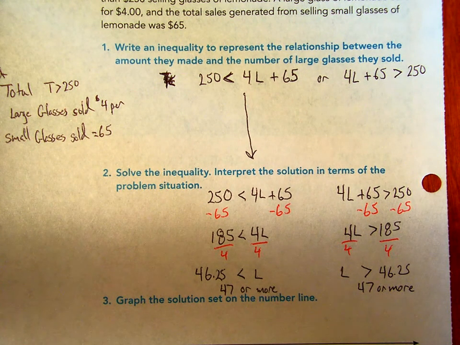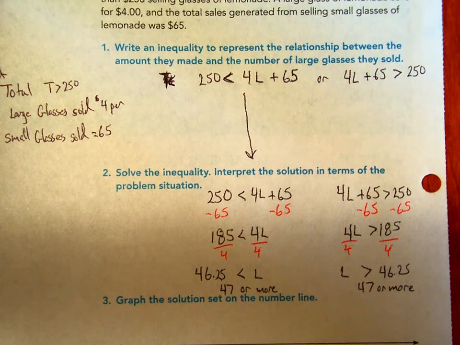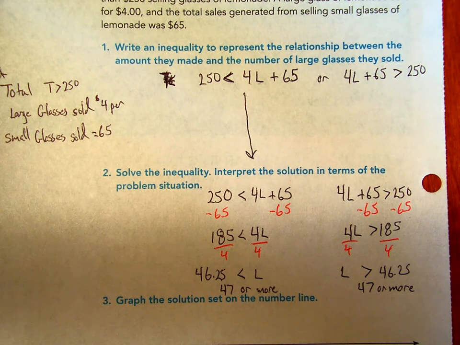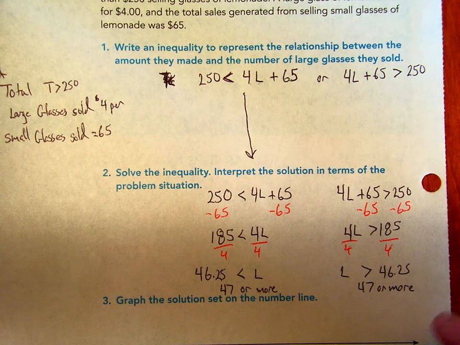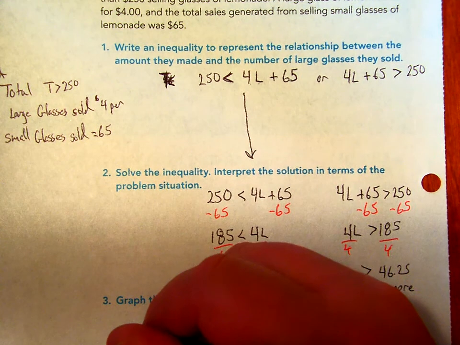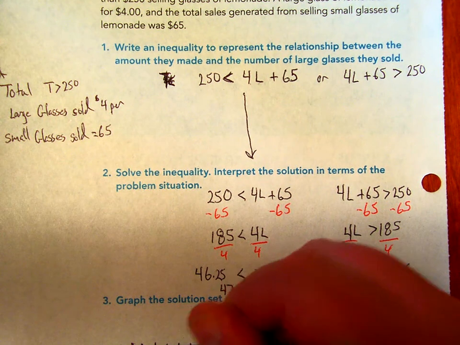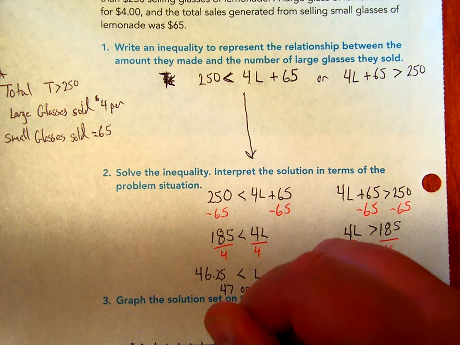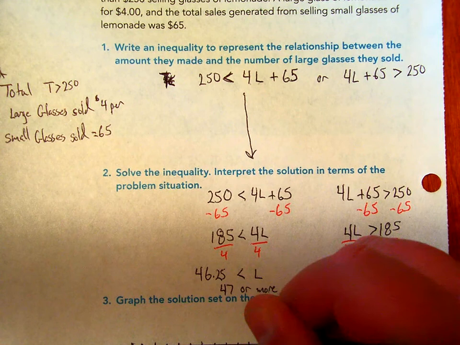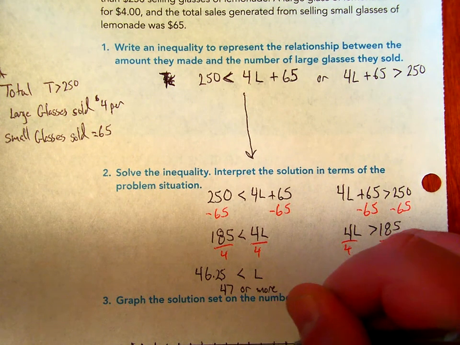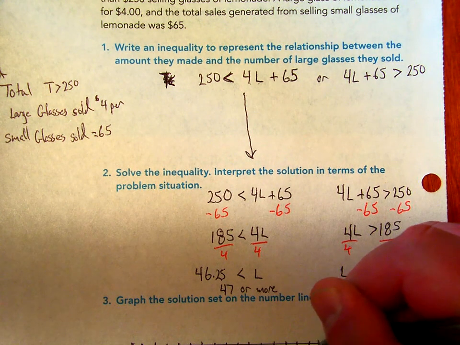Graph this on a number line. Well, I'm dealing in the 40s, so I've got 47. So somewhere down here, I'm going to start spacing out my number line. I should have put fewer tick marks on because then I'd have fewer numbers to put in.